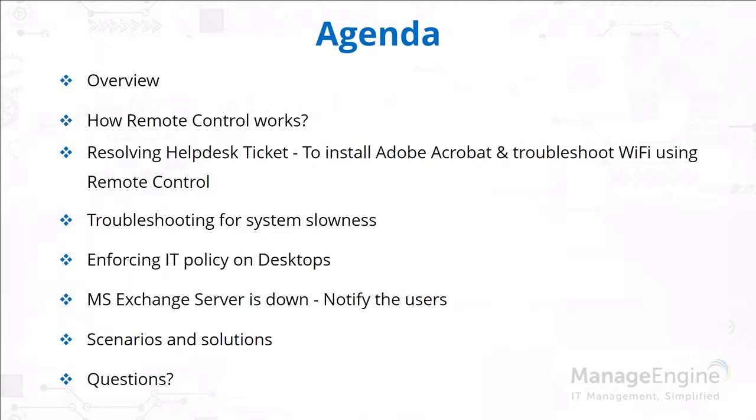The scenarios include troubleshooting the system slowness issue raised by the end user, applying or enforcing IT policies on the desktops and laptops, and situations or events where we have to notify the users. Let's say the Exchange server is down, how can we leverage the tools offered to notify the end users. Then different scenarios and solutions which we came across based on support experience, commonly faced scenarios, followed by questions at last.